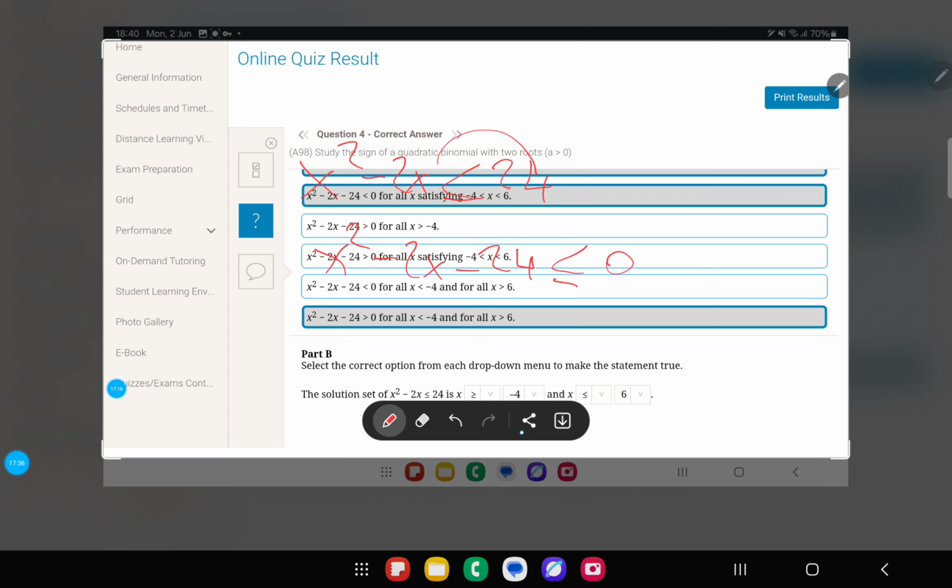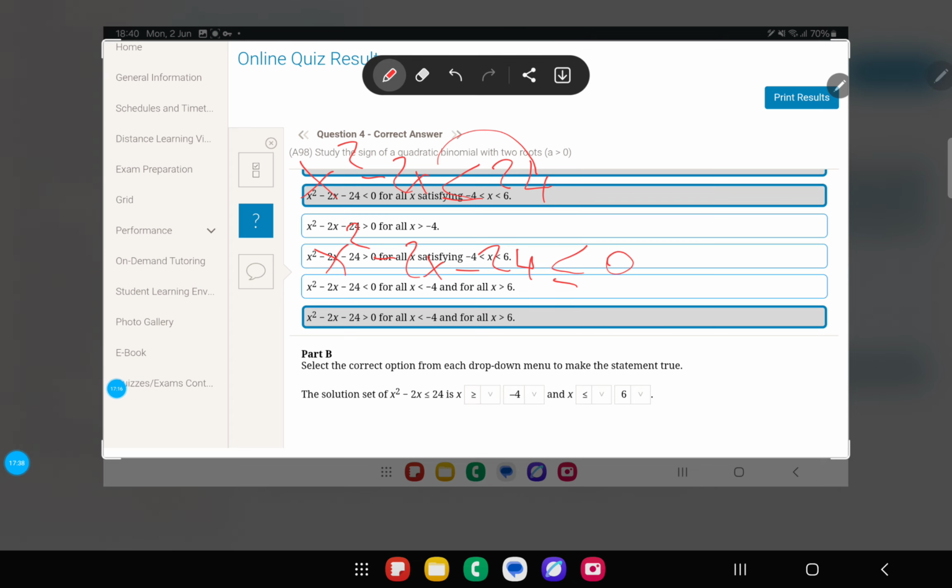When it's less than or equal to 0, which basically means it's negative, we're gonna put it like this: x greater than or equal to -4, and x less than or equal to 6.